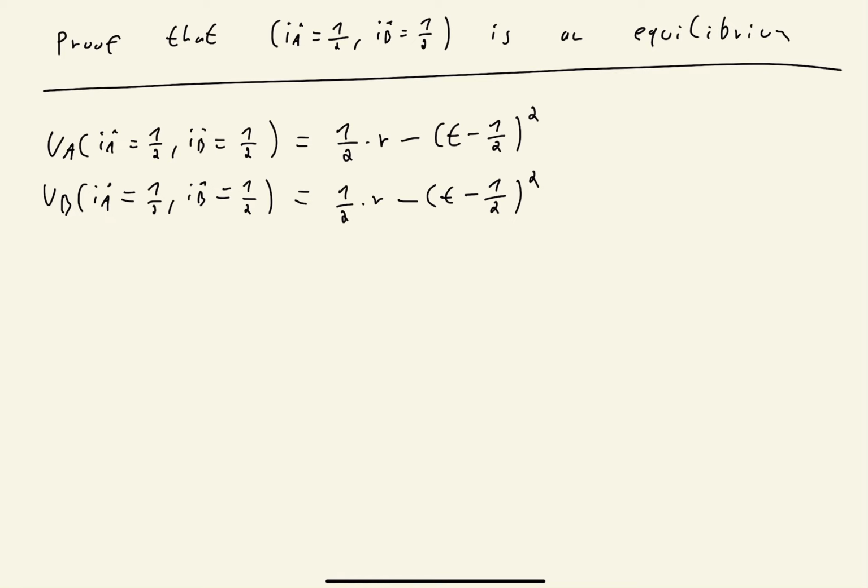So now we will consider deviations from this proposed equilibrium, or candidate equilibrium, and see whether there are profitable deviations or not. So we will focus on deviations by candidate A, because every argument which holds for candidate A will also hold for candidate B.